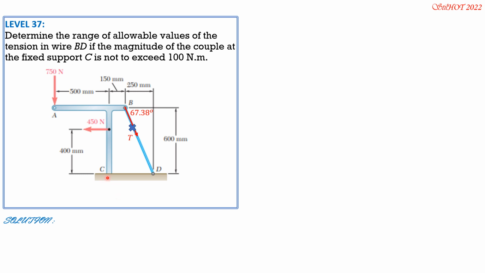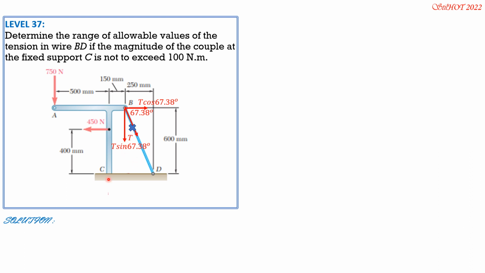So remember that the couple 100 Newton meter may be clockwise or counterclockwise because this is just the magnitude. So let's analyze if the couple must be clockwise for maximum or minimum tension later. So let's resolve T into its components. This is T cosine 67.38 degrees rightward and the vertical component downward, T sine 67.38 degrees.